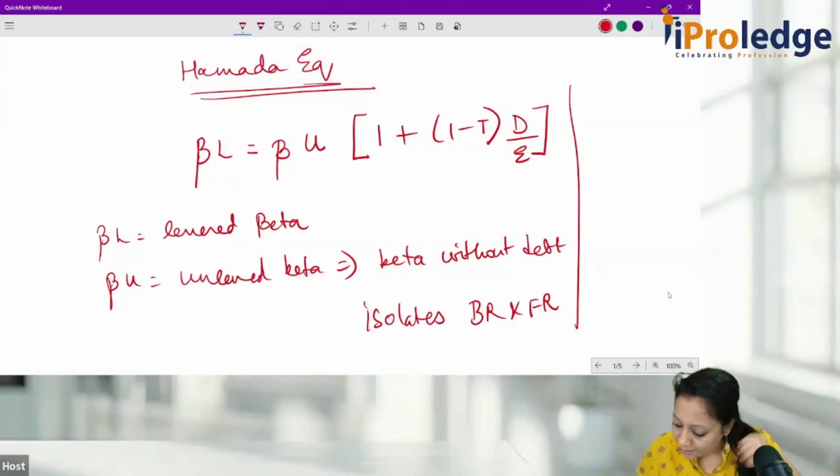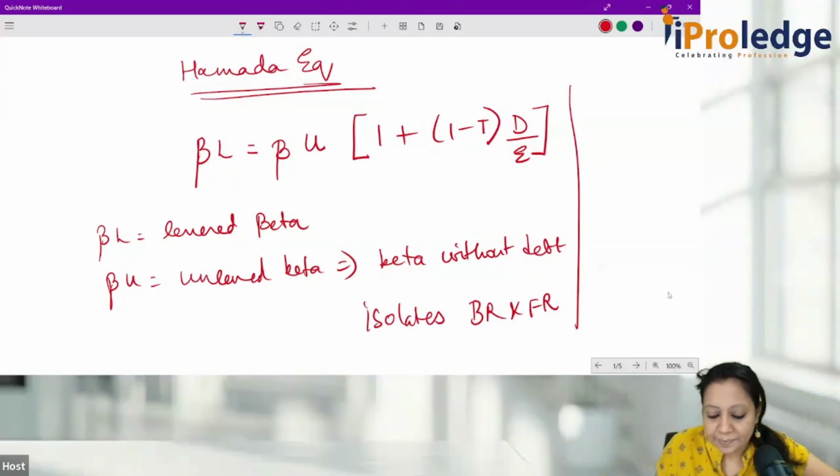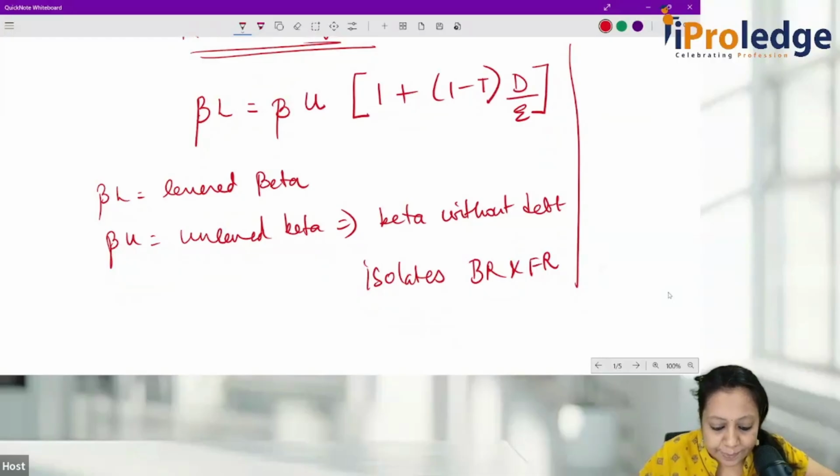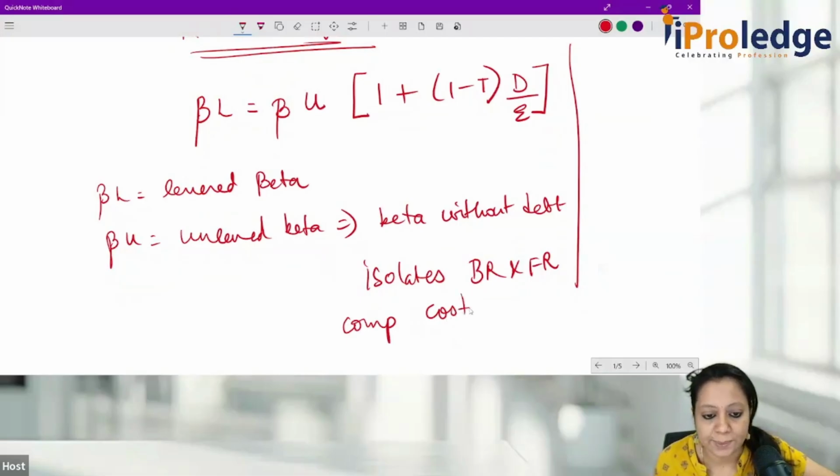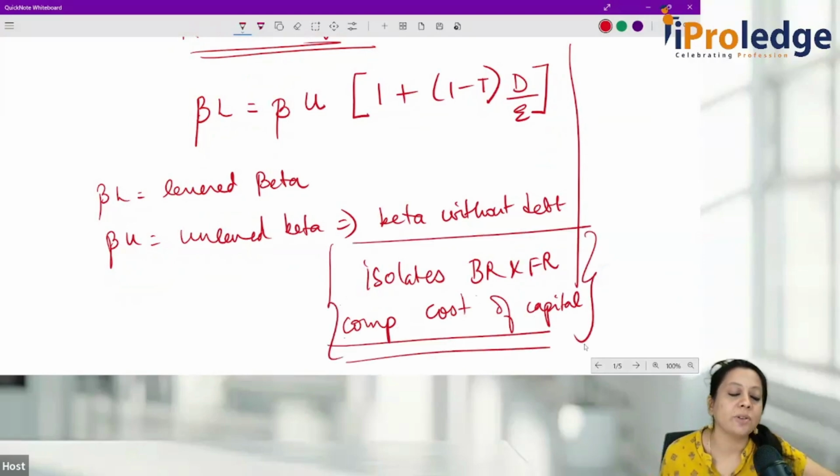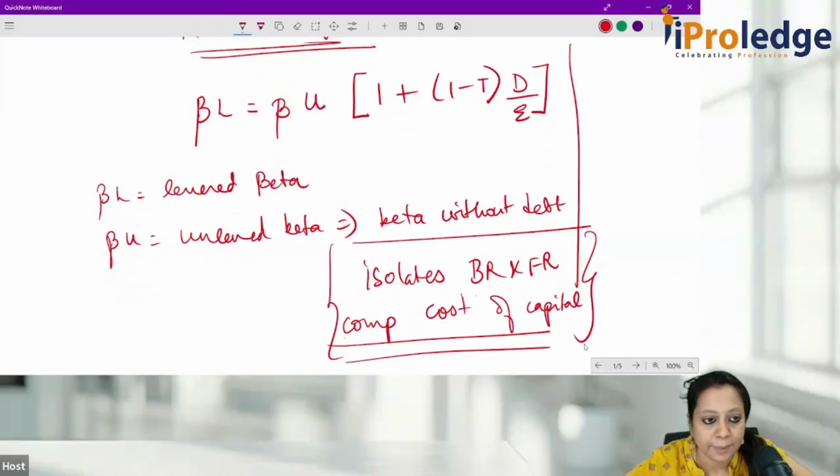Then it helps in the computation of cost of capital and analyzing cost of capital. Once it was asked as a practical problem, and once it was asked as a theory question, the Hamada equation. It is a good possibility that students are missing out on this. So just give some attention to this.